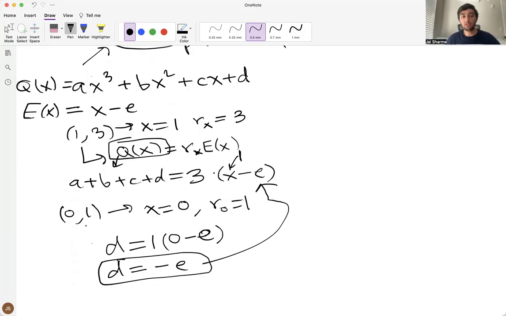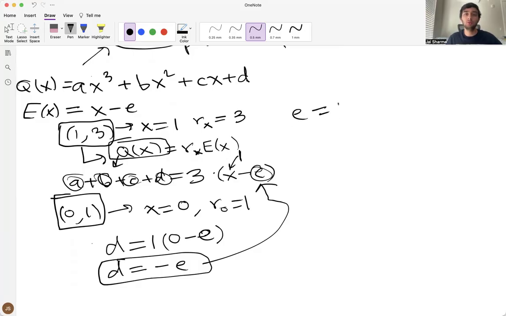Okay, so we have some information here, and then you would substitute that over there. Eventually, you have one equation per point that you have. In total, we have 5 points, so 5 equations. And we have 5 variables that we're trying to solve for: a, b, c, d, and e. If we just set these up, list out the things for the other points as well, and then you solve it, you will get e is equal to 3, a is equal to 1.